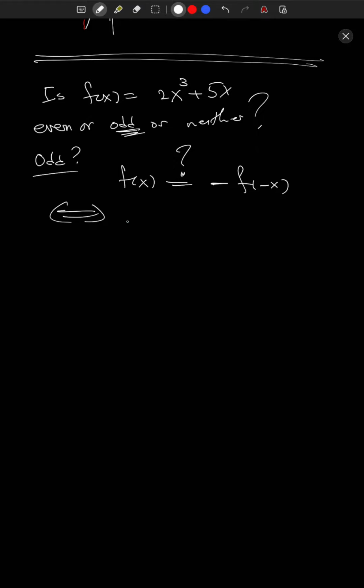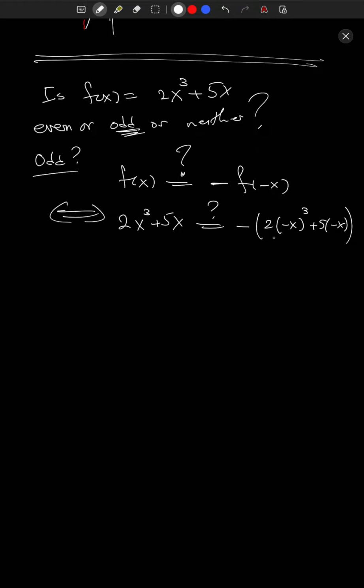This is equivalent to asking, is 2x cubed plus 5x equal to minus the quantity 2 times negative x cubed plus 5 times negative x? Why? Because f of x is a function that whatever you give me, I cube it and multiply by 2, then multiply by 5, and then add the 2 results.